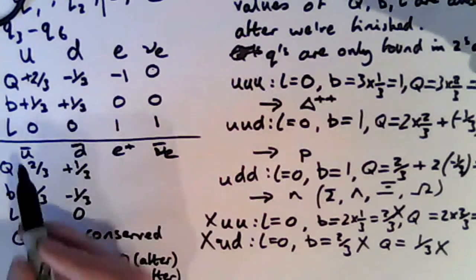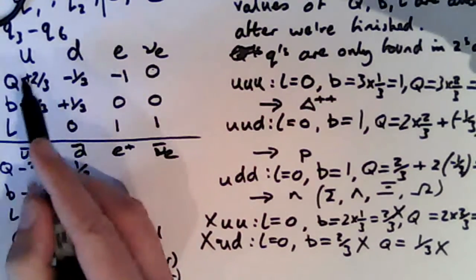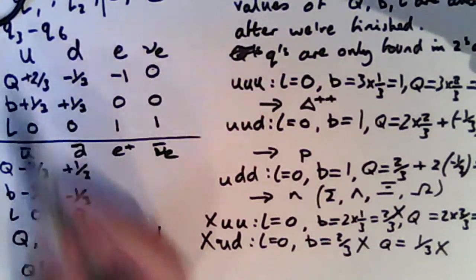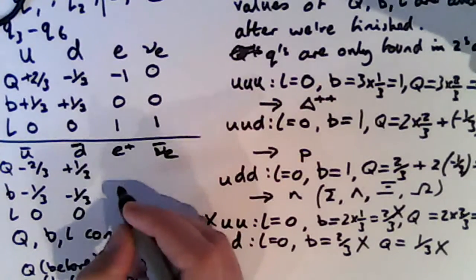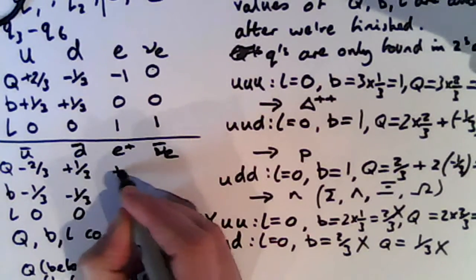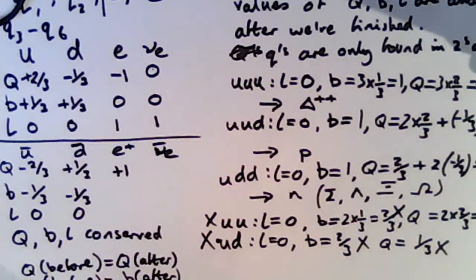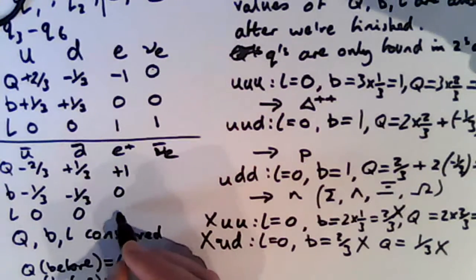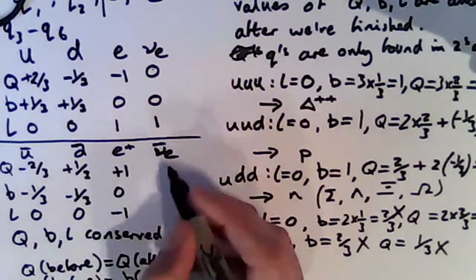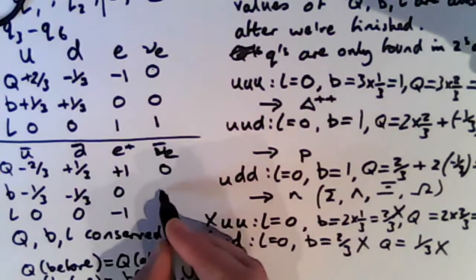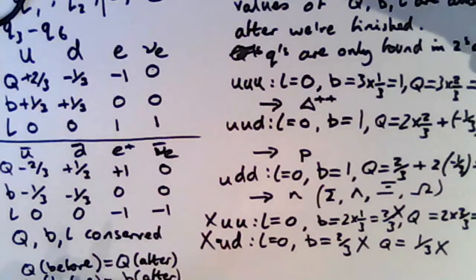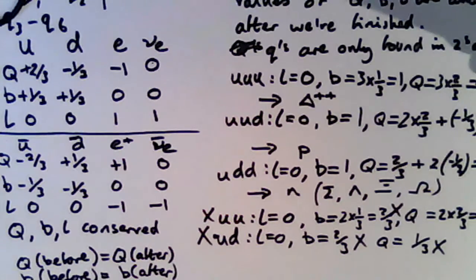There's meant to be an overbar to represent a U with an overbar is an anti-up, and a U without it is the non-anti-up, or just up. An anti-electron has a +1 charge, and that is known as a positron. The neutrino is negative, and they have a -1 for their lepton numbers.